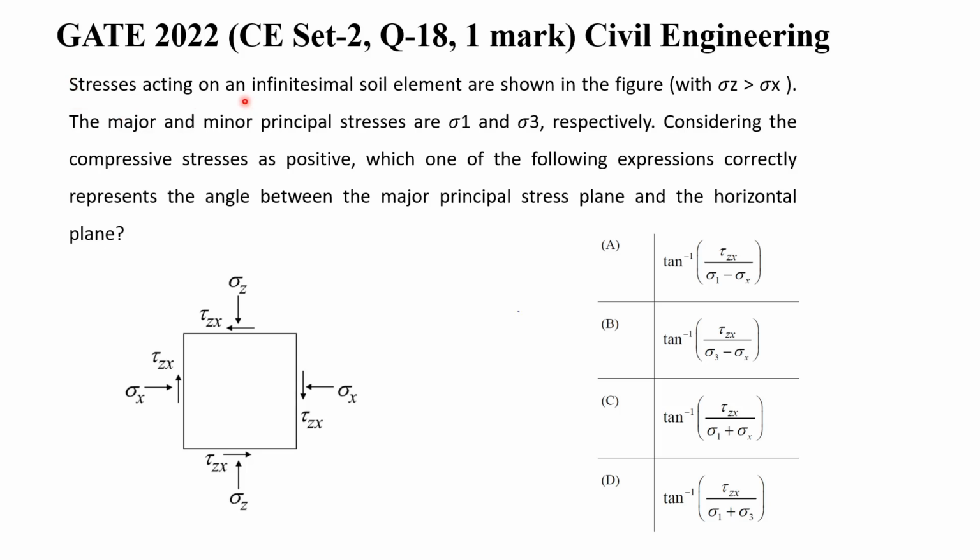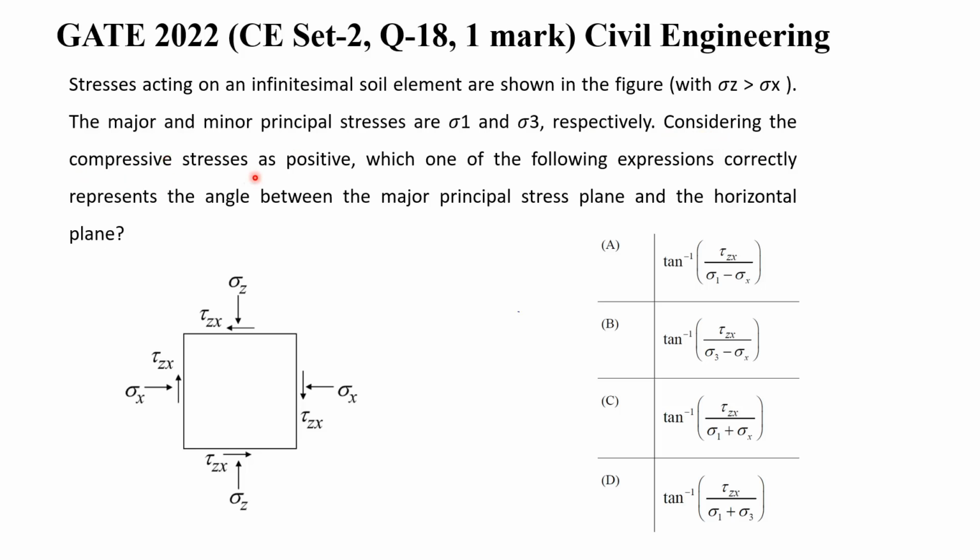Stresses acting on an infinitesimal soil element are shown in the figure, with sigma z greater than sigma x. The major and minor principal stresses are sigma 1 and sigma 3 respectively.